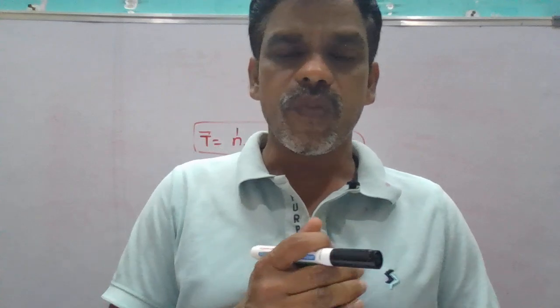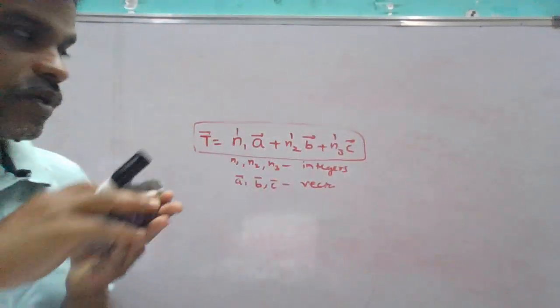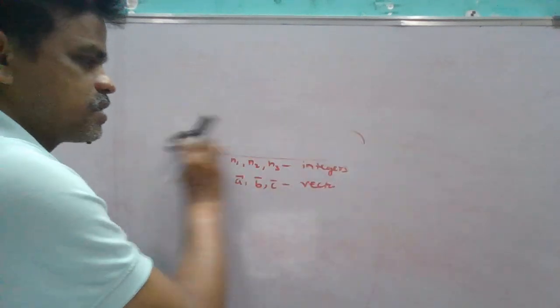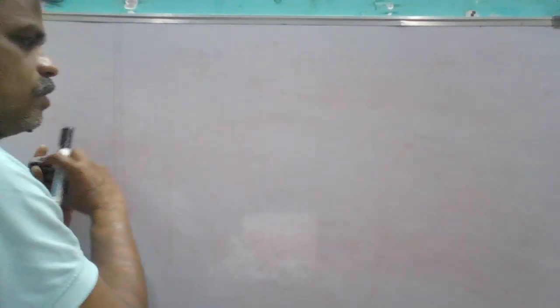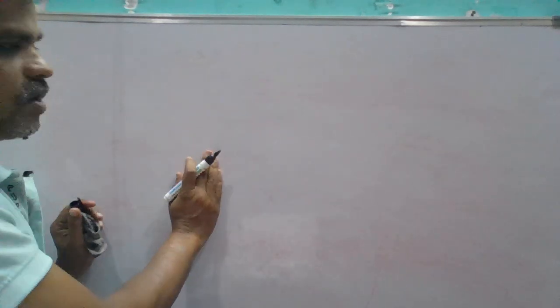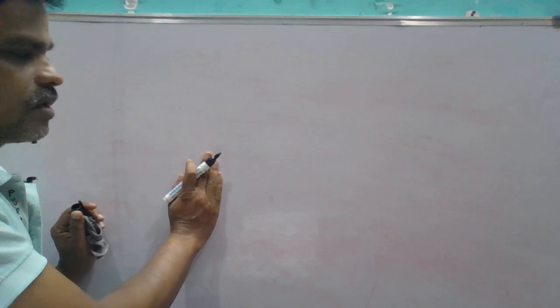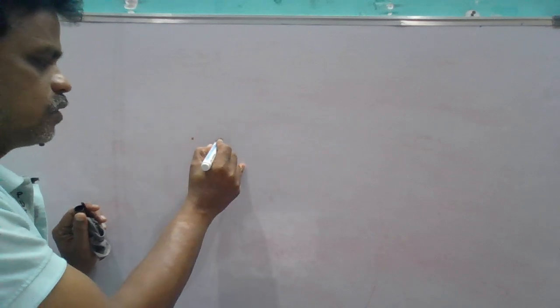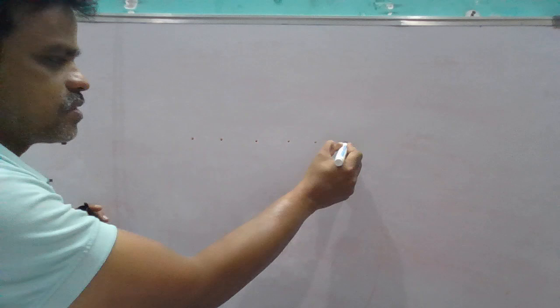Then I am moving to the one dimensional lattice. What is a one dimensional lattice? I already discussed it in the last video. A 1D lattice is a regular arrangement of points in one dimension.